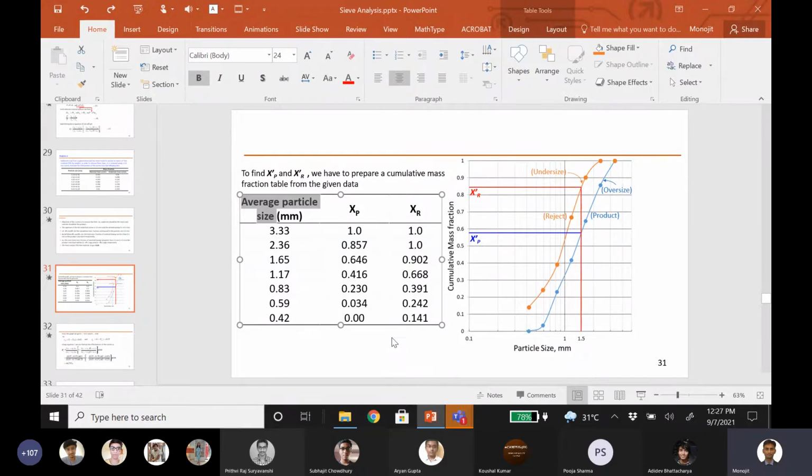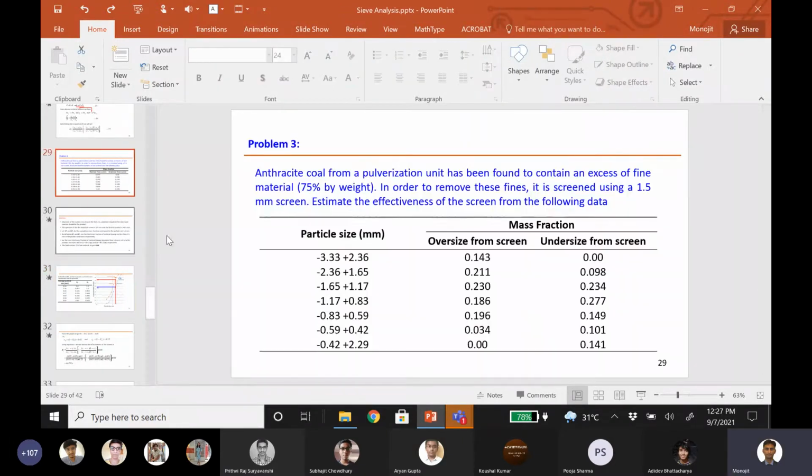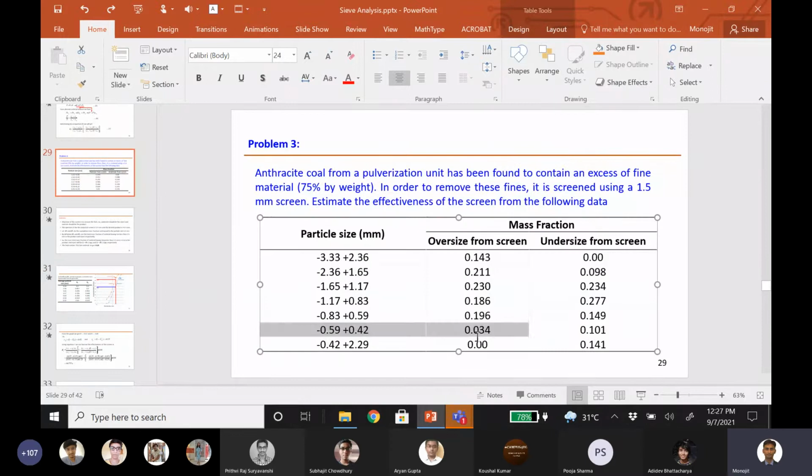Yeah, this cumulative mass fraction, now it makes sense, because this row stands for a screen where you have all the particles which are smaller than 0.59.